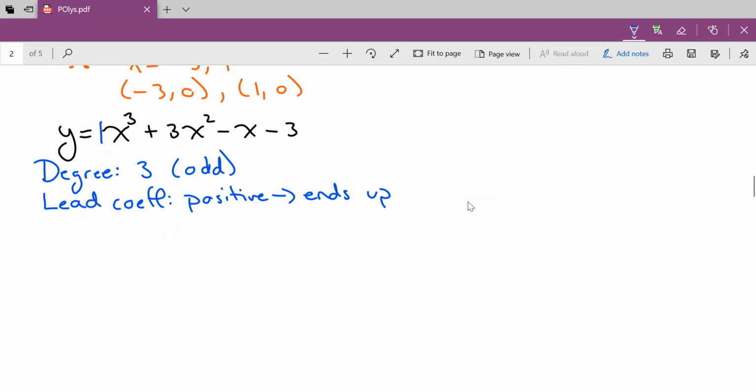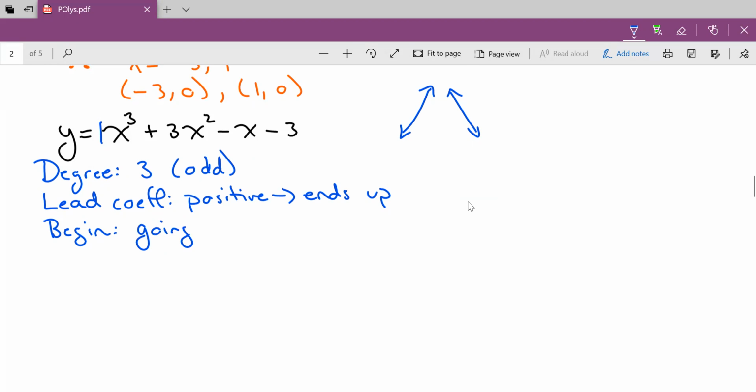How does my graph begin? How does my graph start then? Well, if you think back to grade 10, when we had an odd degree, our graph started and ended in opposite directions. So it's the same thing here. This is degree 3. So guess what? If our graph ends going up, it's going to begin going the opposite direction.